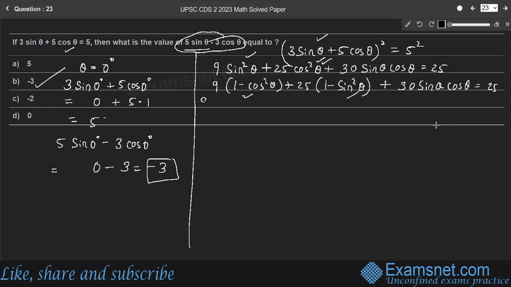So here 9 minus 9 cos square theta plus 25 minus 25 sin square theta, right?